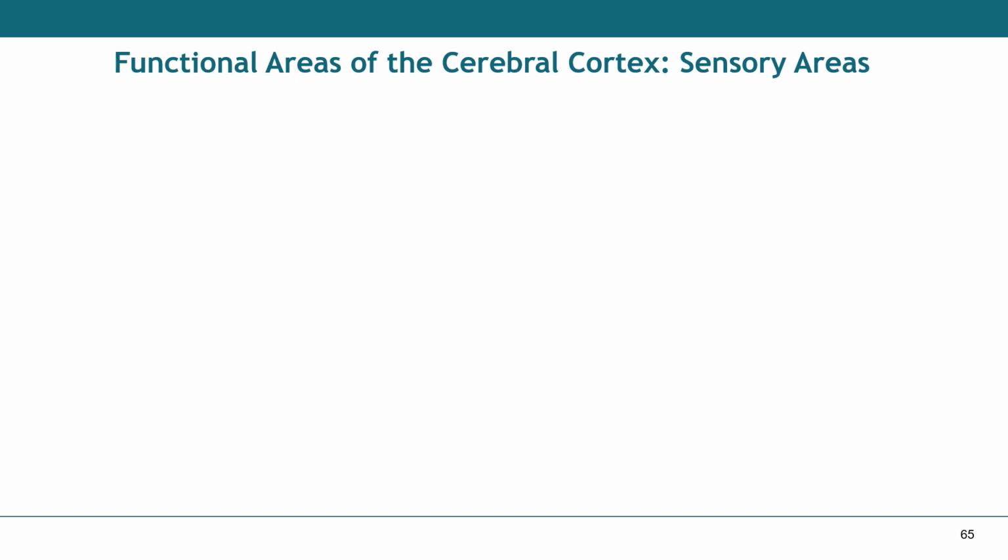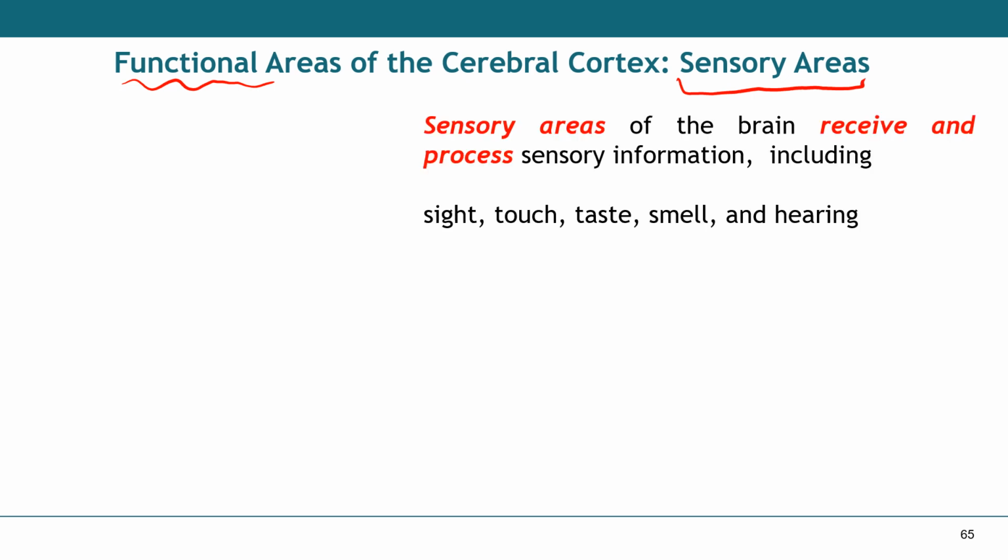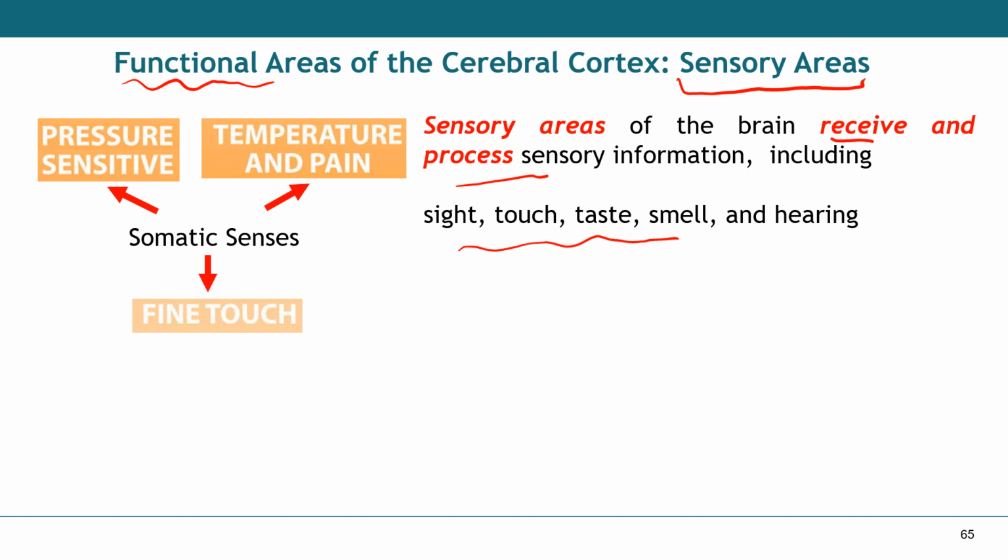Now we go back to these functional areas of the cortex of the brain, and we move into the sensory areas again. When we talk about the sensory areas, these are areas of the brain that are in charge of receiving and processing sensory information. And we have a wide variety of processes, from sight to receptors of touch. We can divide them into groups, some of them that are somatic senses, like things that happen in your skin.